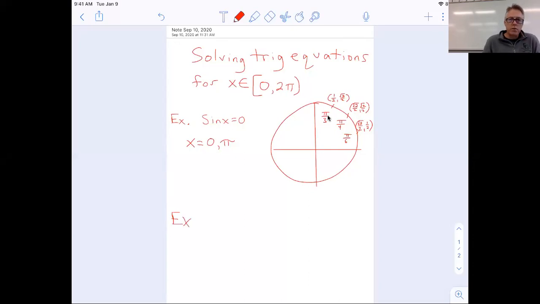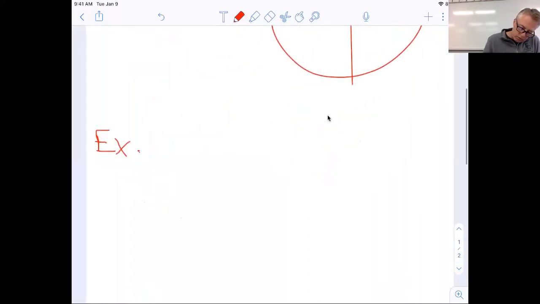All right, so let's do another one here. I'm going to find the cosine of x is equal to negative root 3 over 2.